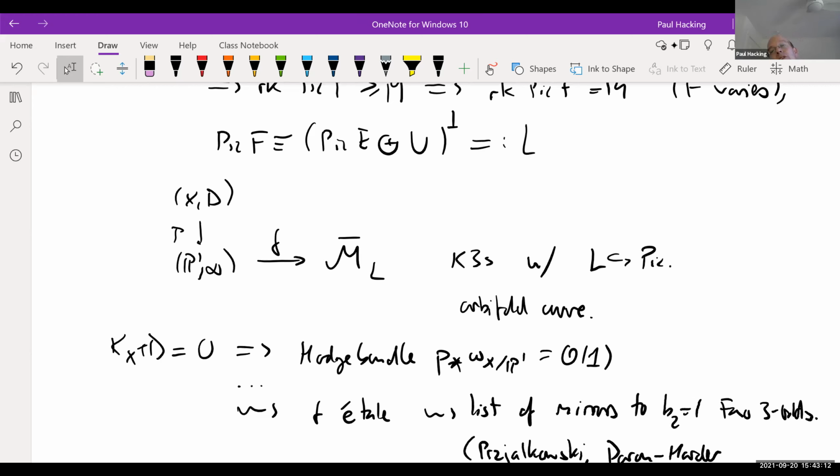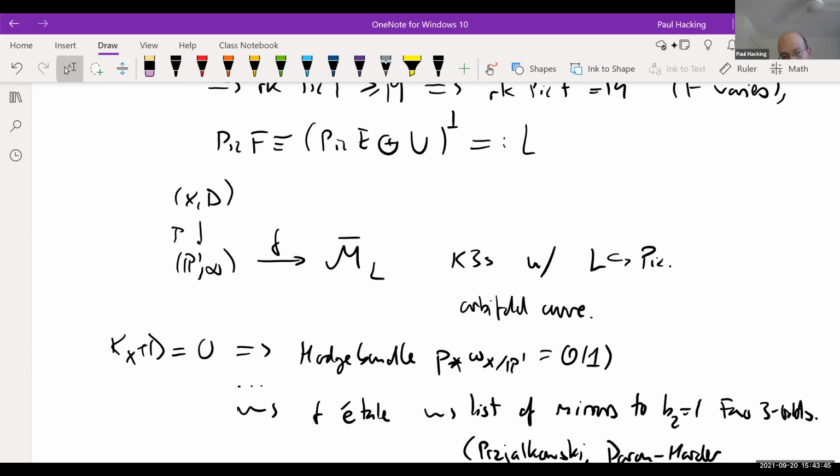And in fact, if you look at the possible moduli spaces here, this moduli space M_L has to be rational in order for such a map to exist. It has to be genus 0. There is a short list of those based on the K cubed of the Fano.